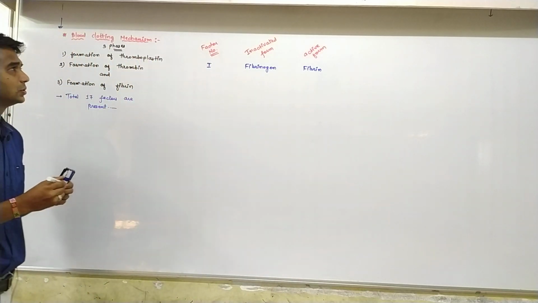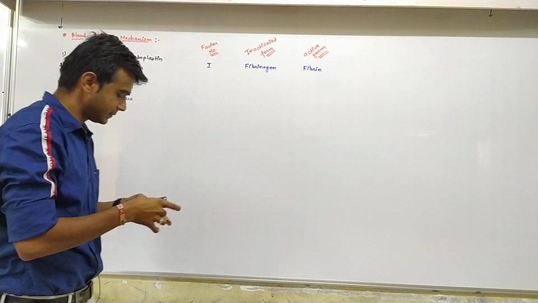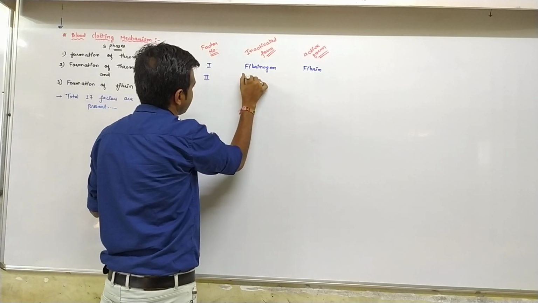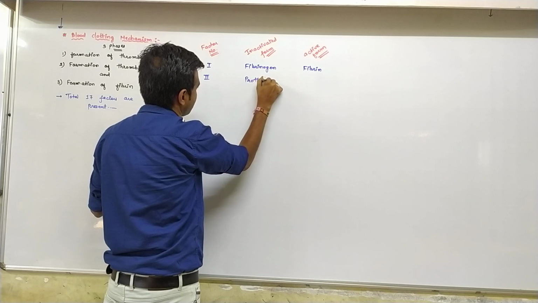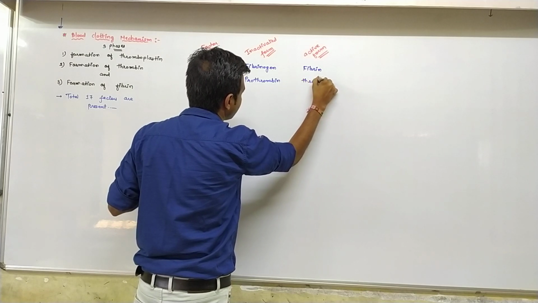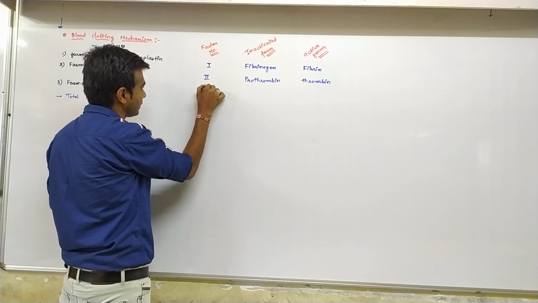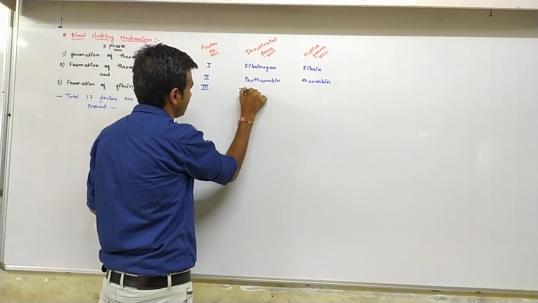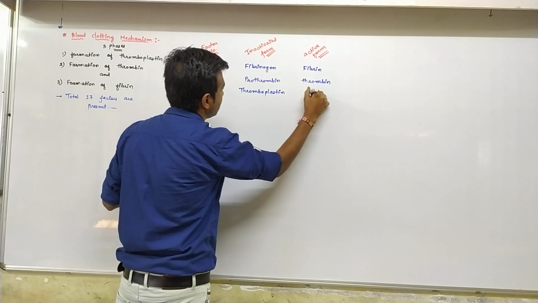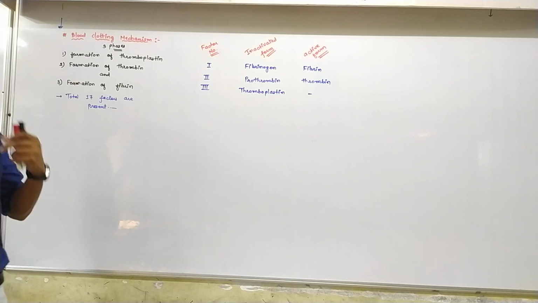Okay, so first is fibrinogen, second is prothrombin, the activated form, that is thrombin, third is thromboplastin, it is the activated form. Fine. So first is fibrinogen.